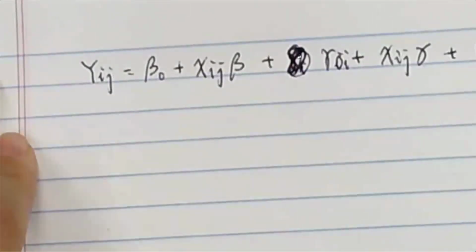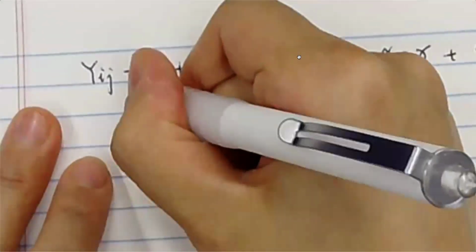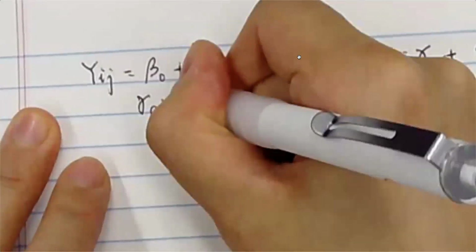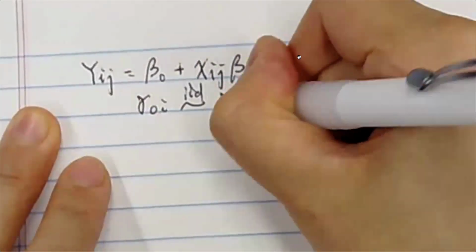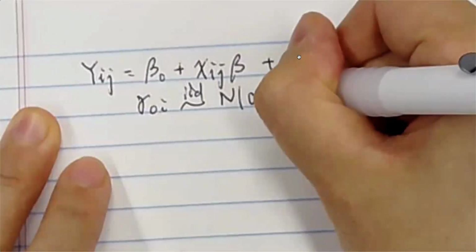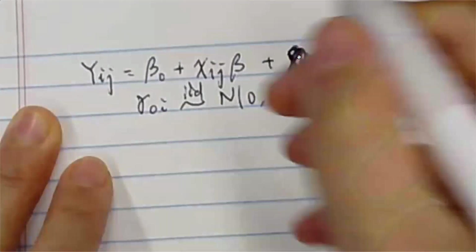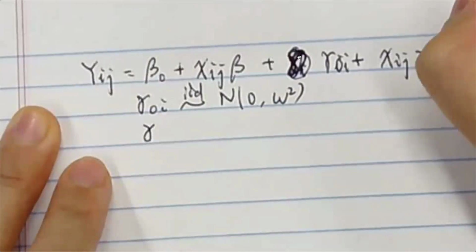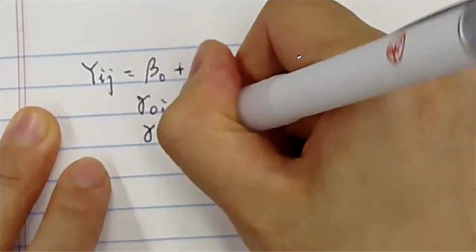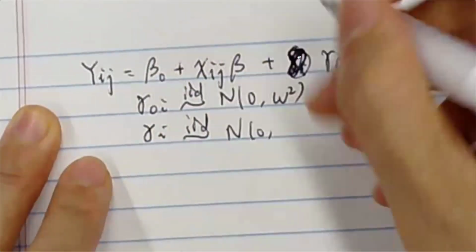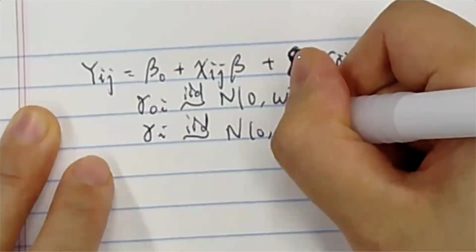I would just assume gamma 0i IID zero mean normal omega squared, and gamma i IID normal zero mean, let's just say S squared.